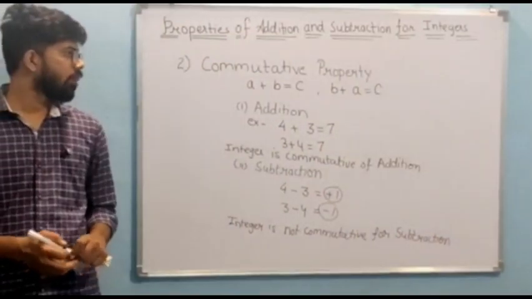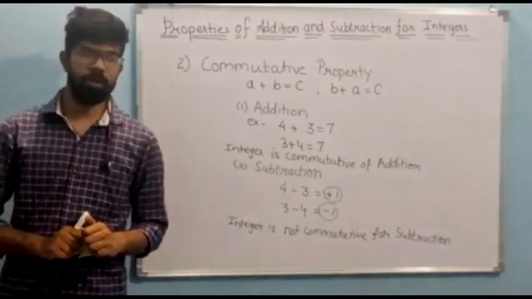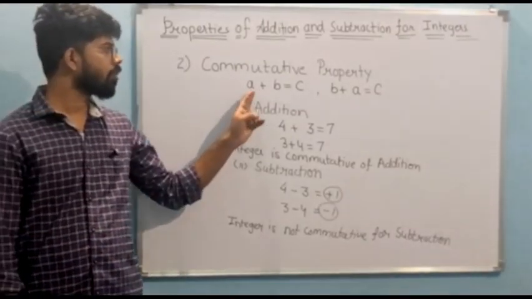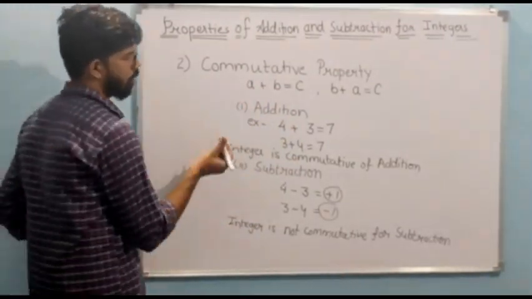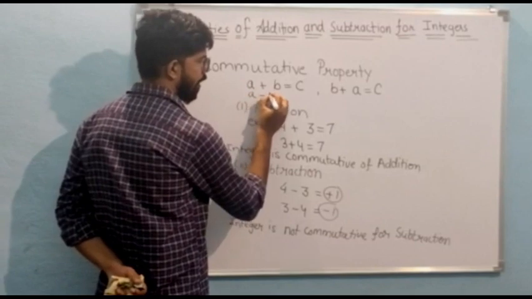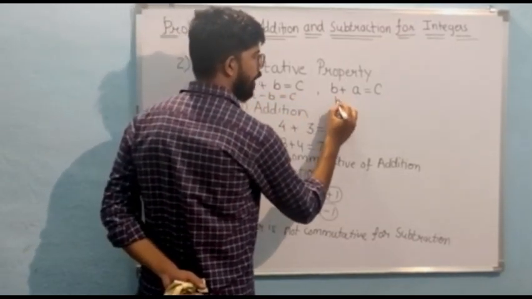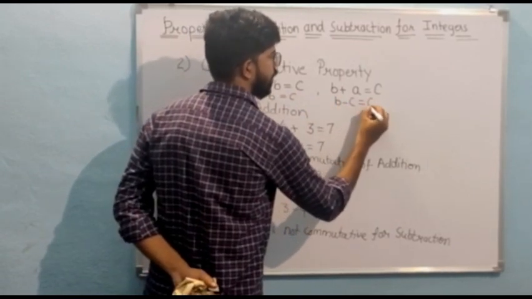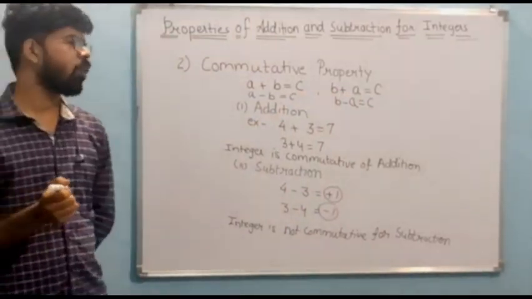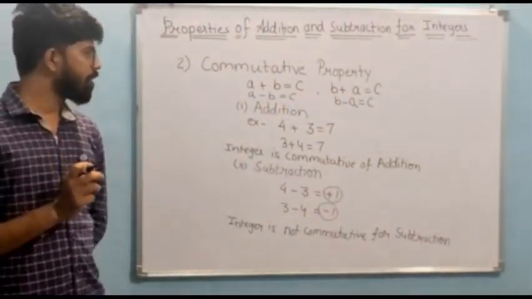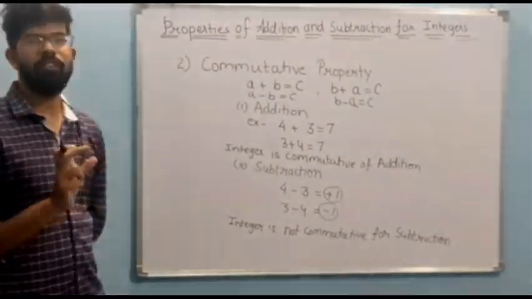Now, recall the commutative property. It means if we interchange the place of integers, there is no effect on their answer.